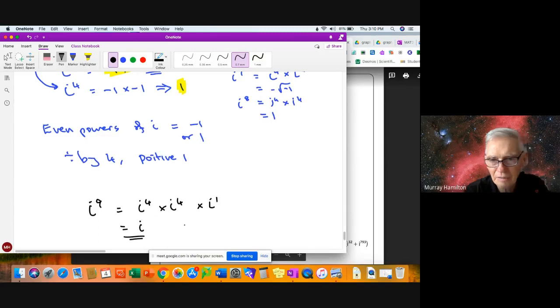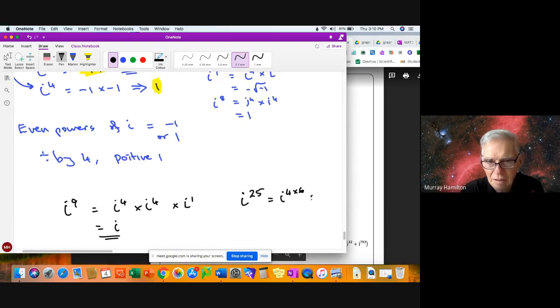So that's simplifying the powers down. i to the power of 25, I don't want to type it out, so I know that that's i to the power of 4 times 6, that's 24, times i to the power of 1, that gives me 25. That's 1 times i, which equals i.